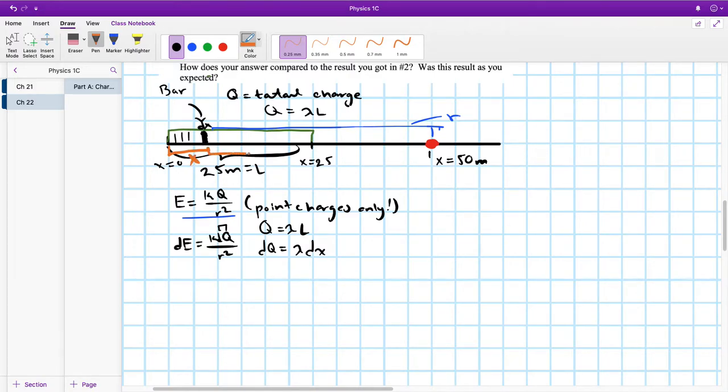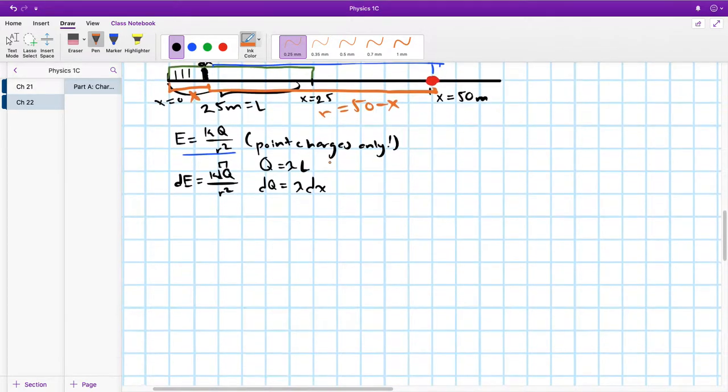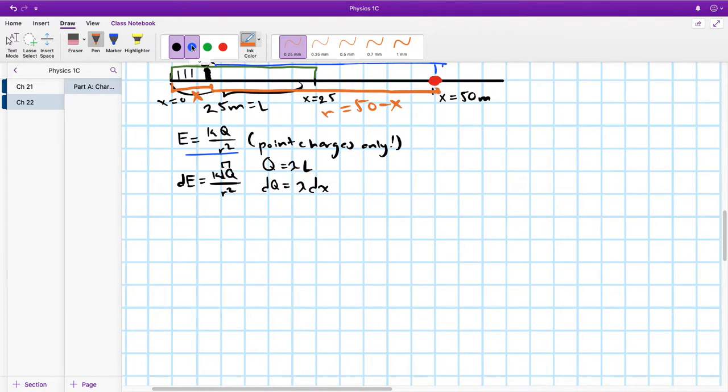Therefore, from our dx to 50, it's going to be 50 minus x. So this will become our r. So here we have that r is equal to 50 minus x.